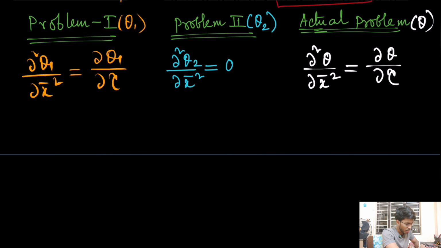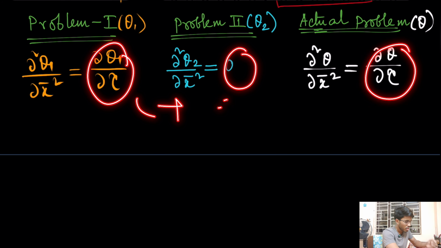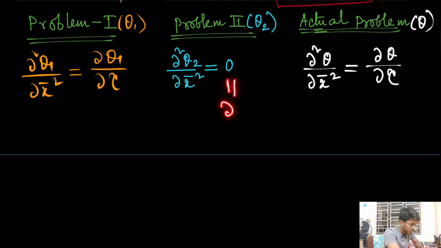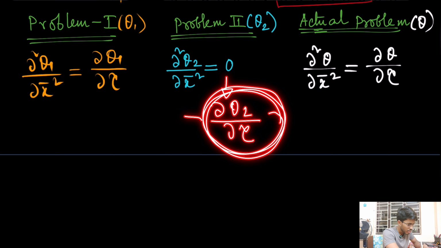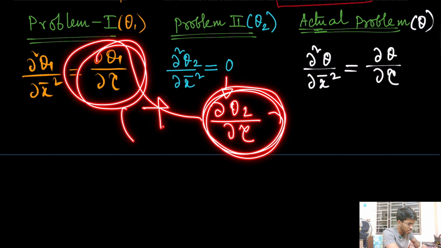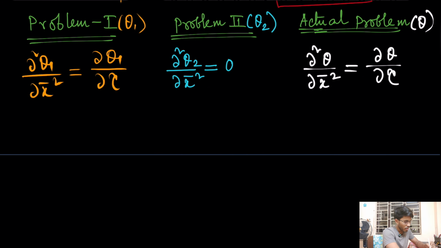But how can I write this plus 0 equal to this? See, I can write this 0 as del theta 2 del tau, right? The moment I can write this as my del theta 2 del tau, now you can see by adding this and this, then I can get this. Clear the logic? So it is done.